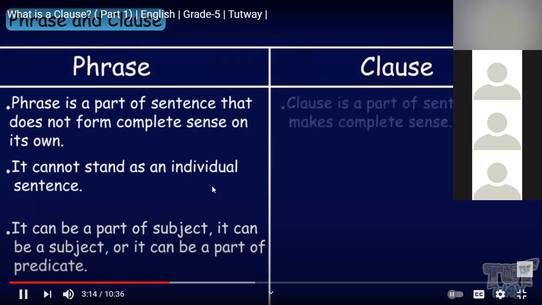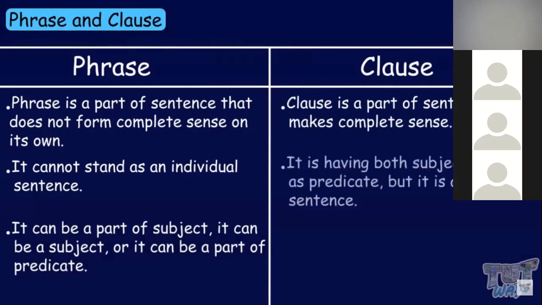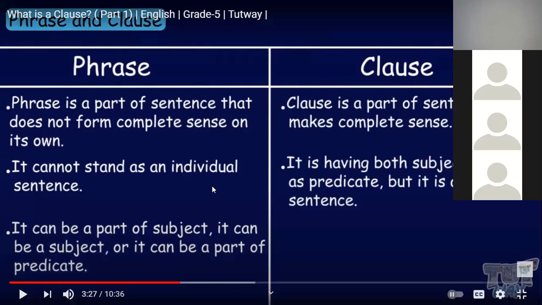And a clause is a part of the sentence that makes complete sense. That is, it has both subject as well as predicate, but it is a part of the sentence. So a clause is a part of a sentence and makes complete sense. It's not like a phrase. A phrase does not form complete sense, but a clause makes complete sense.